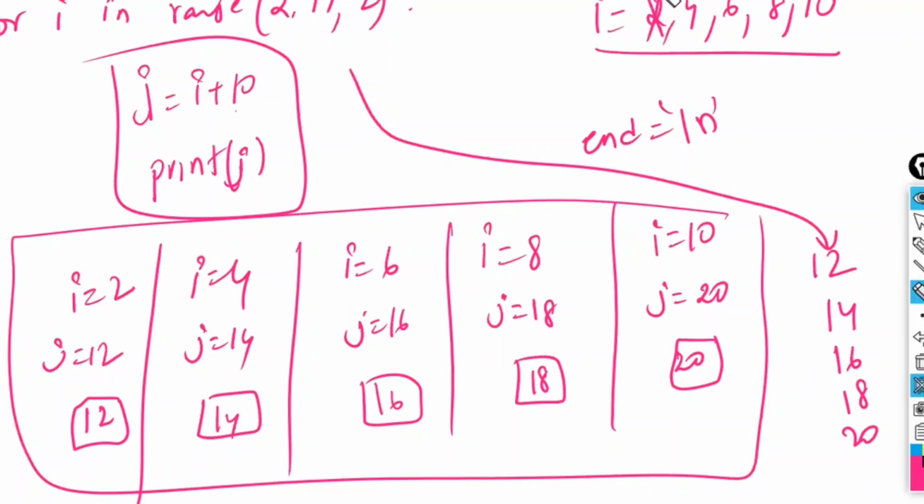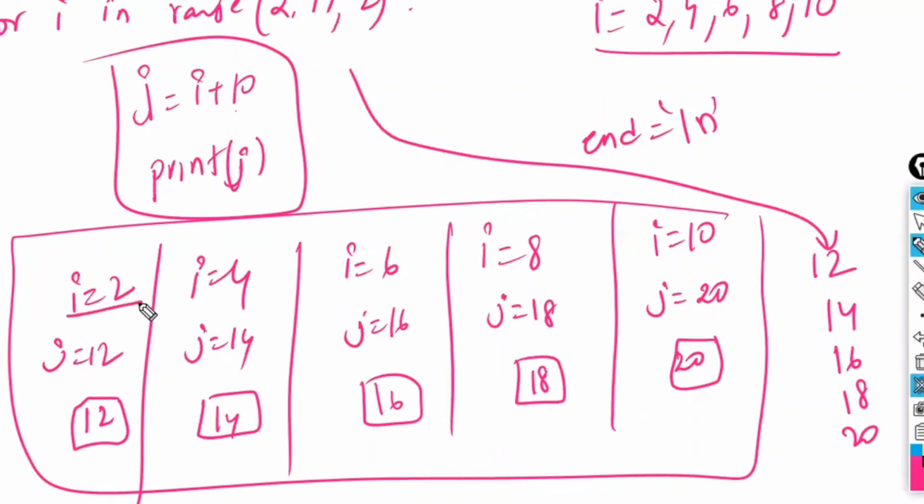For each and every value, I have told you the meaning of for loop. Just read the statement. What is the meaning of for loop? For each value, execute the for block.